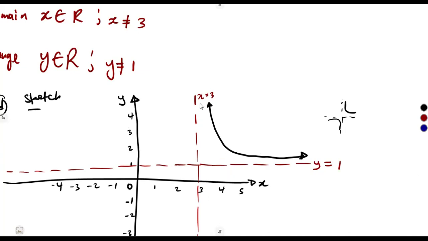The graph cannot pass these asymptotes. So you can just indicate any point like 4, 3, which we calculated. You can use 5, 6, 7, any of your choice. You substitute, then you just mark that point.